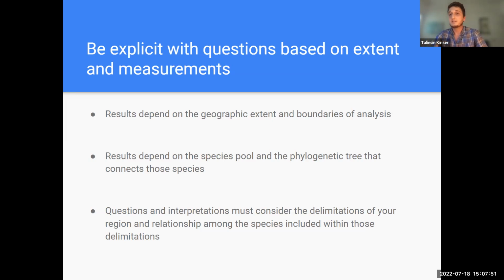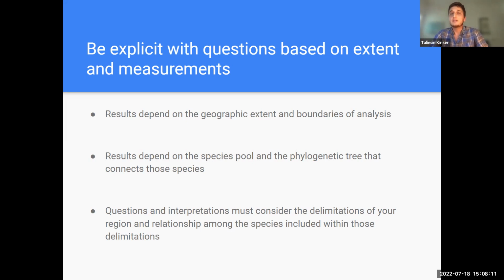It's relative to what that extent is, to the species that are captured within that region, and then to that species pool that you're considering, because these different species pools are going to be connected by branches in a different way.